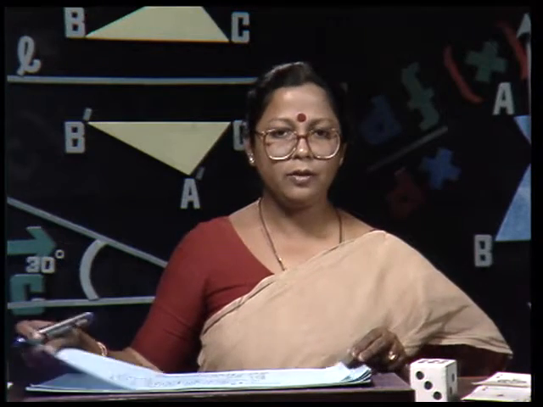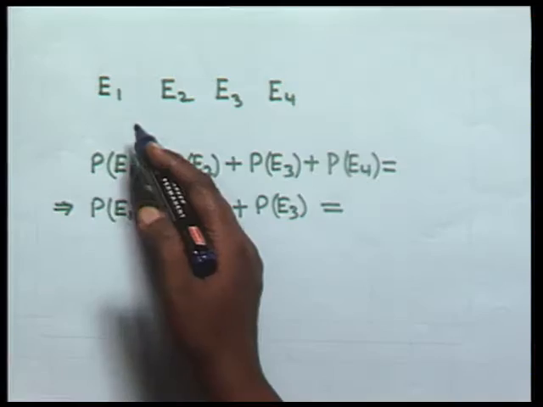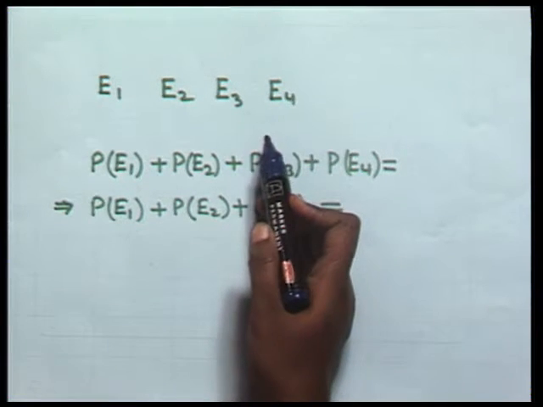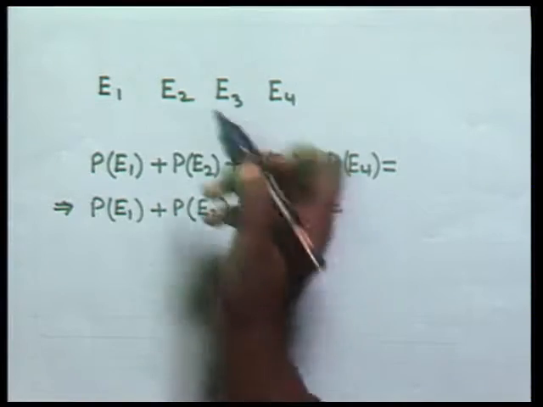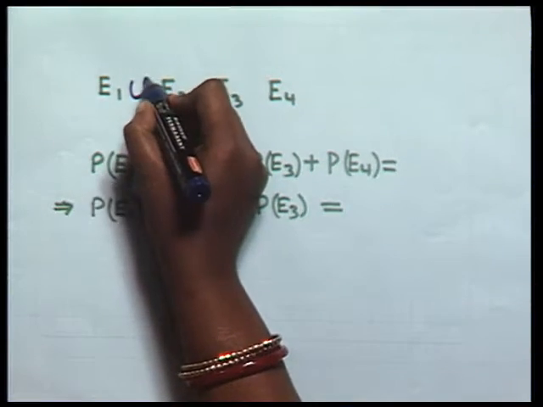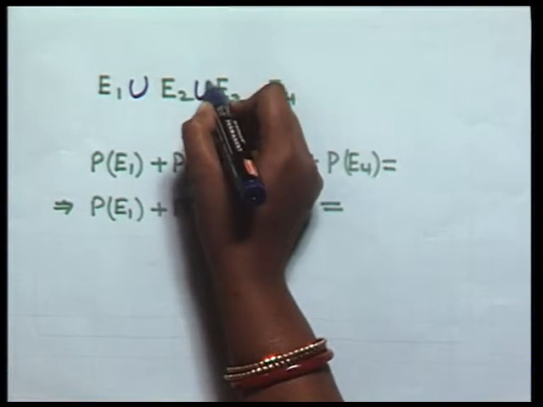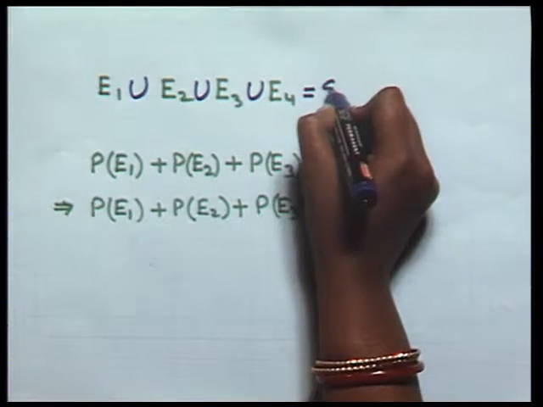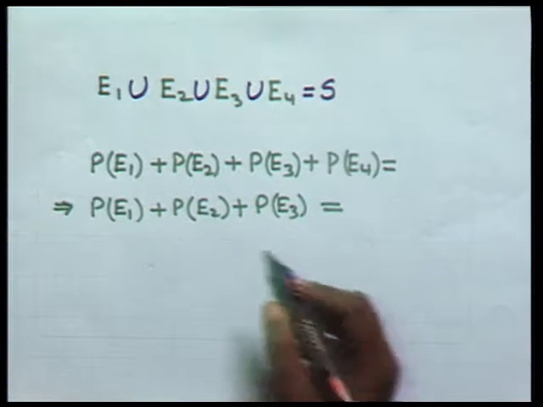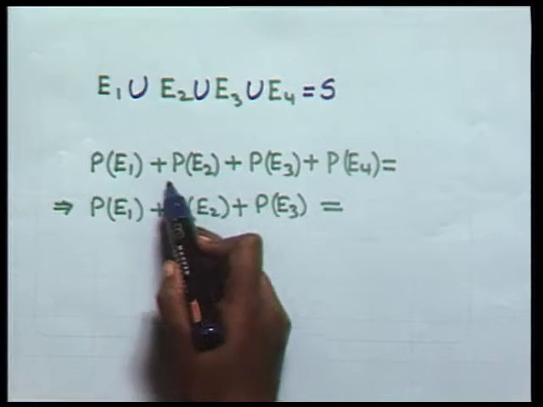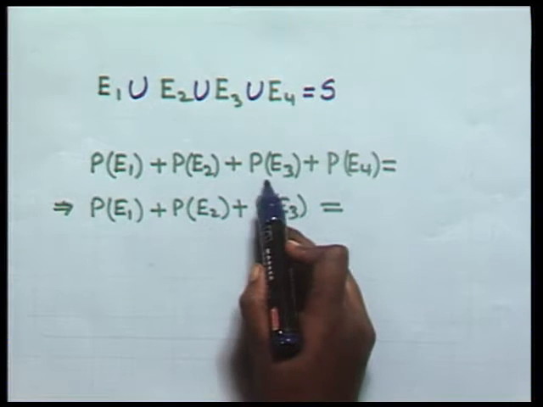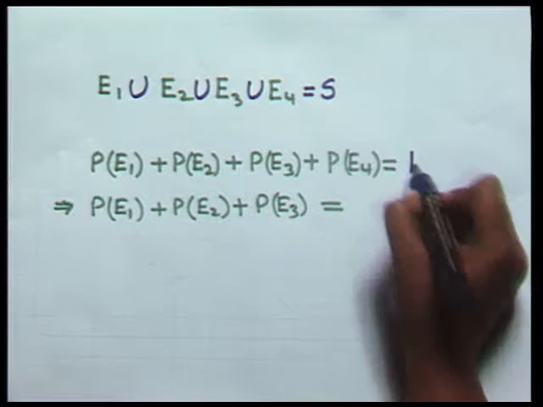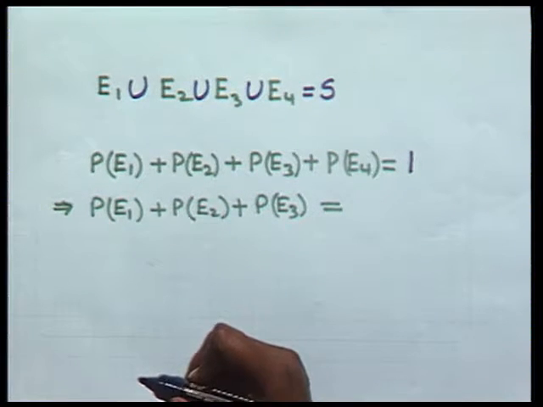But we know that events E1, E2, E3 and E4 are mutually exclusive and exhaustive events. So, E1 union E2 union E3 union E4 gives us the sample space S, and probability of E1 plus probability of E2 plus probability of E3 plus probability of E4 will be equal to 1.